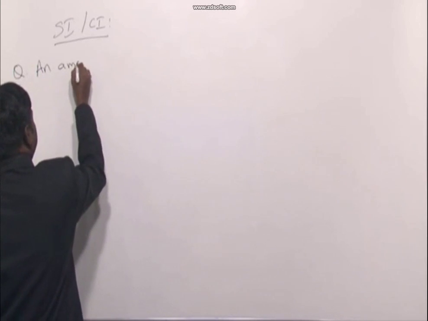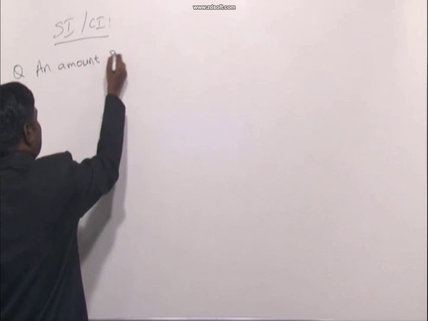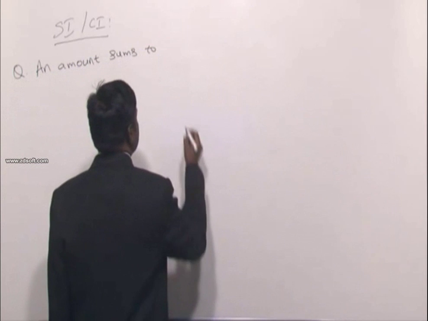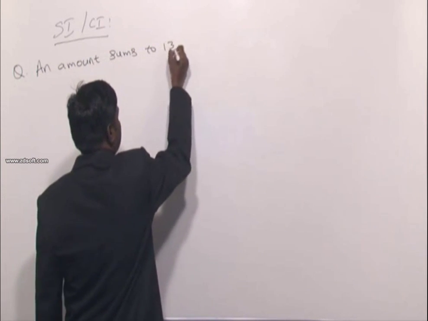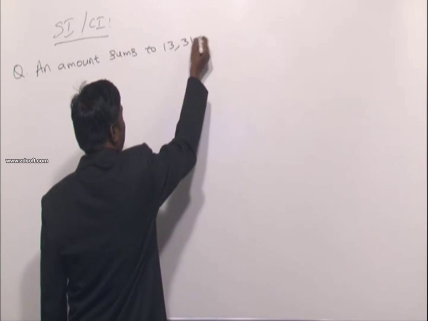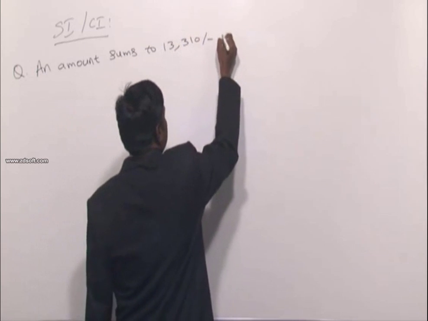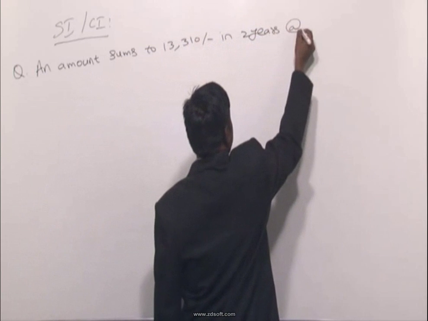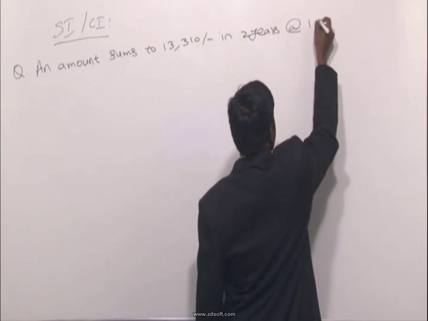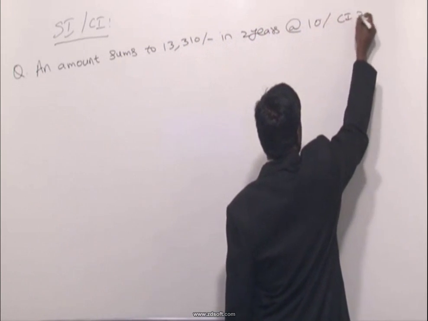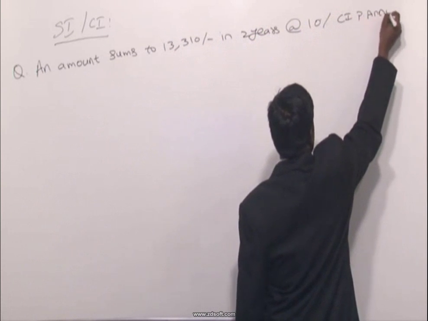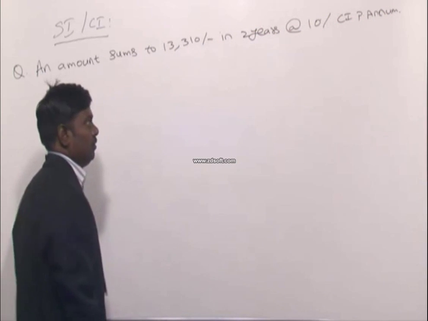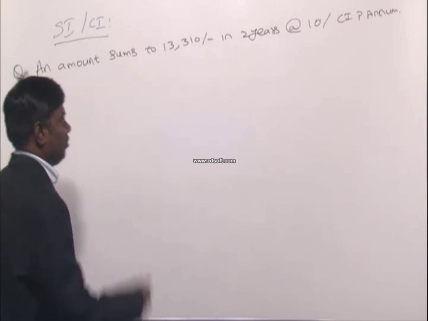An amount sums to 13,310 rupees in 2 years at the rate of 10% compound interest per annum.